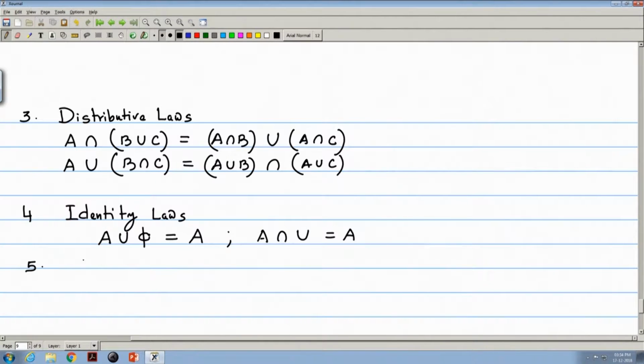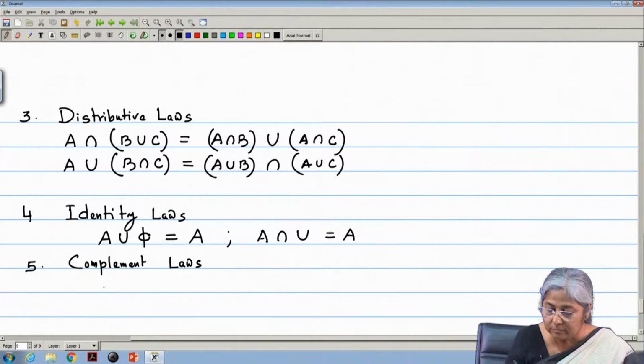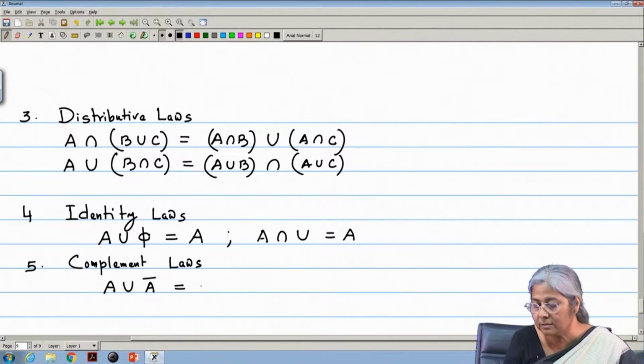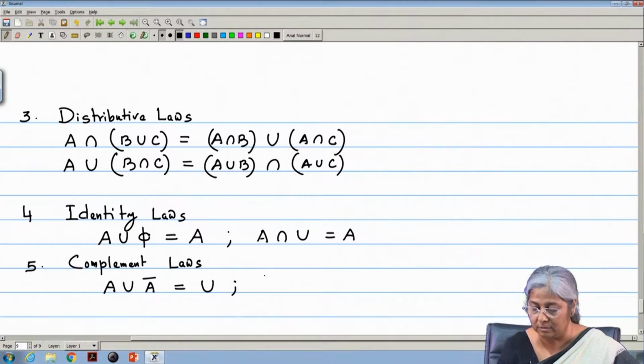Now, I have the complement laws. So, A union A complement is the universe only, because if I take the union of A and A complement, that means all the elements of the universe we are considering.